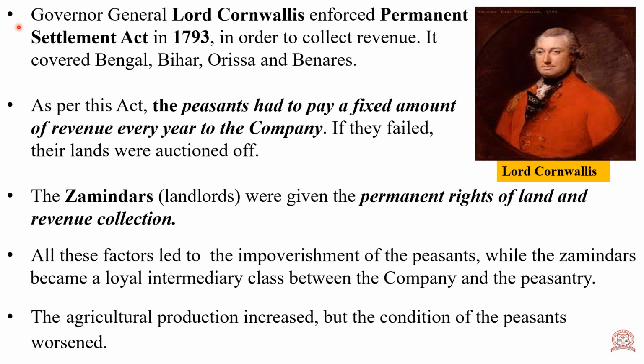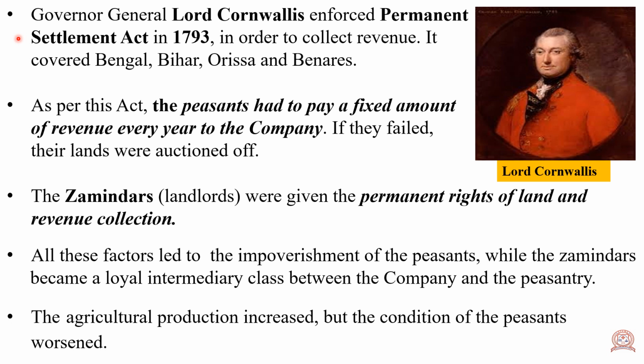Governor General Lord Cornwallis enforced the Permanent Settlement Act in 1793 in order to collect revenue. It covered Bengal, Bihar, Orissa, and Benares.